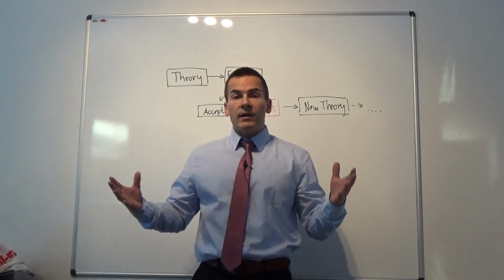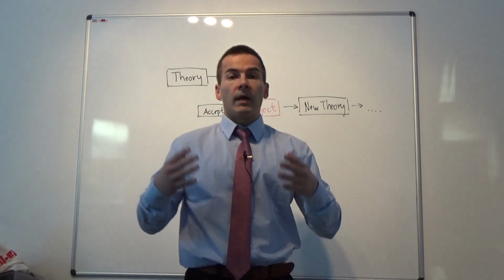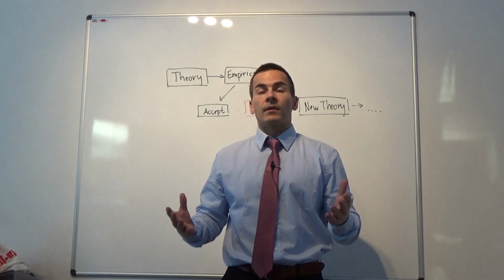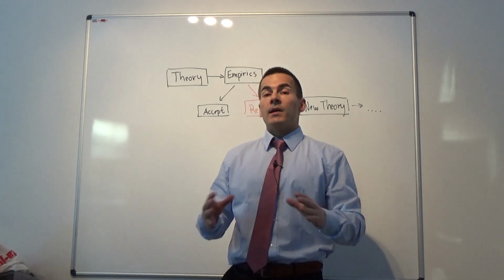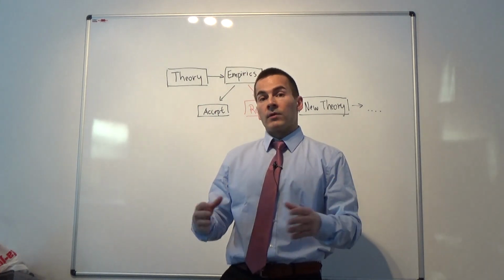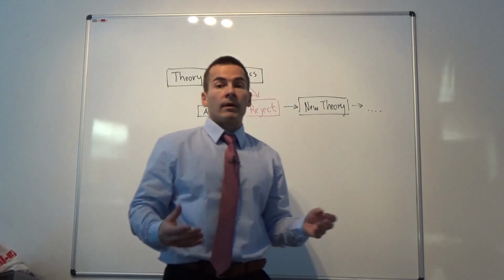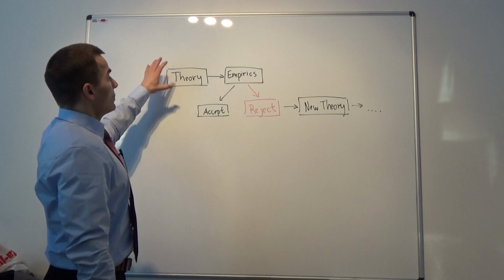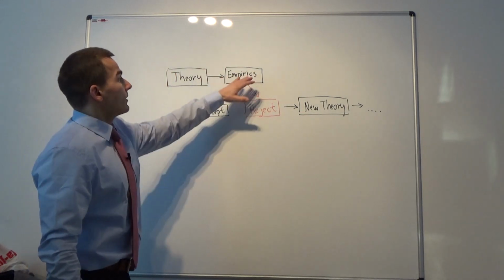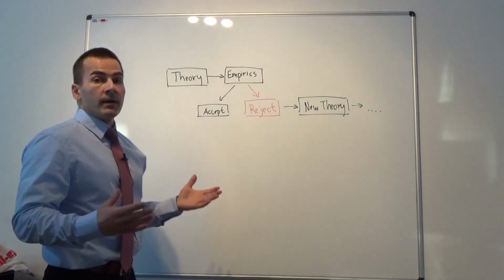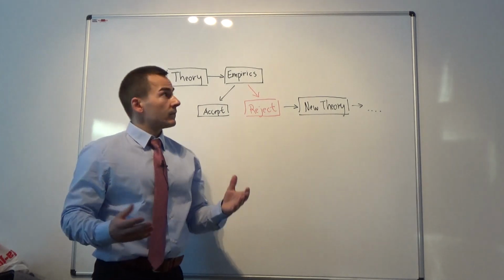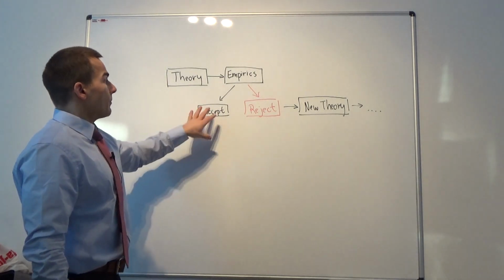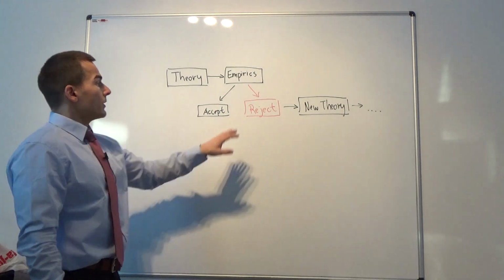So why is it important? Well, in any social science, you have a theory and you would like to test the theory in order to either validate it or reject it. So you have a theory, then you do the empirics, and for empirical research we operate with statistical tests, right, in order to either accept the theory or reject the theory.